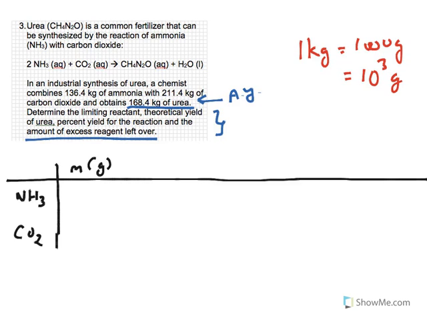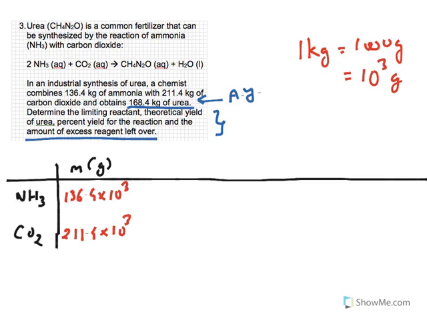So we have 136.4 times 10 to the power 3 grams for mass of NH3. And for carbon dioxide, we have 211.4, once again, times 10 to the power 3.